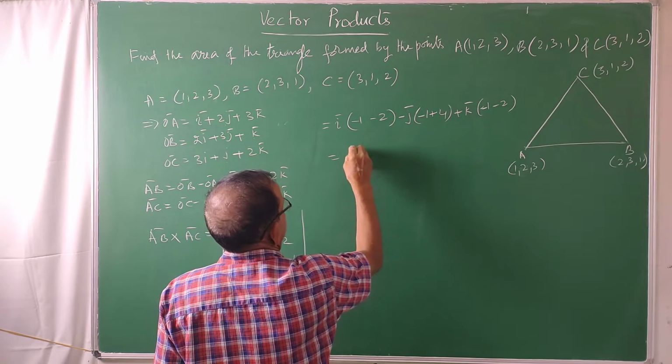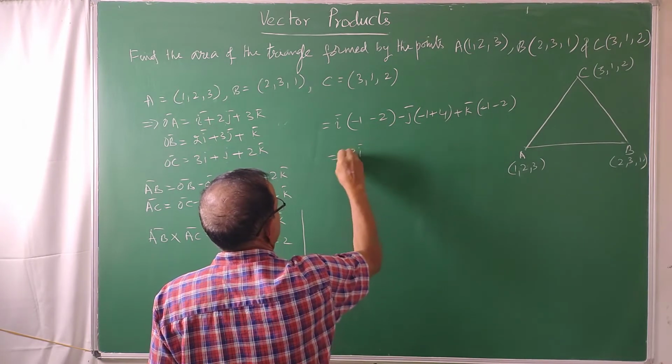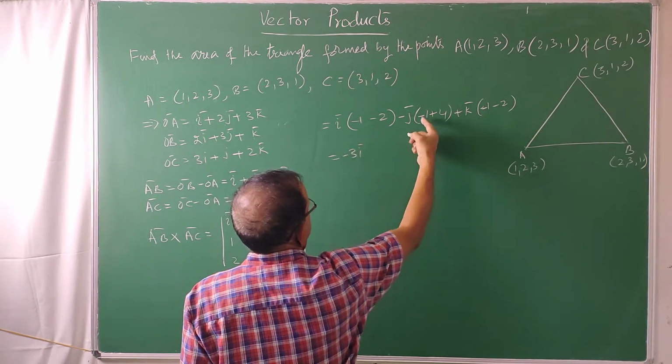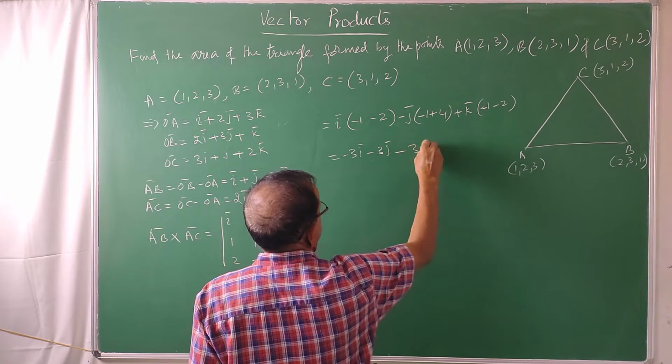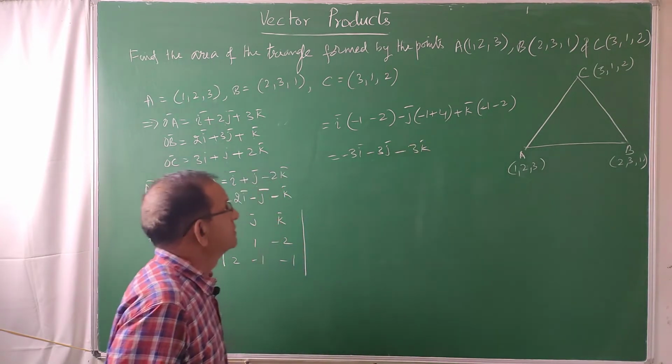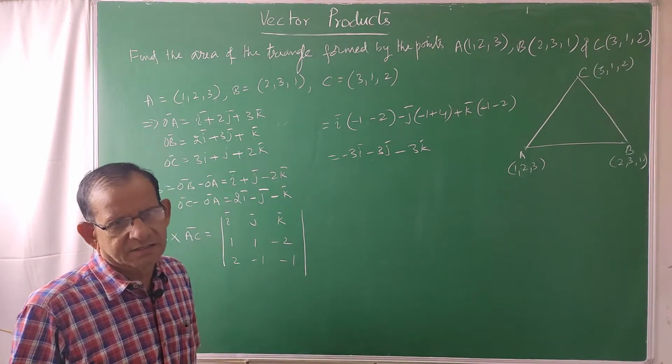So this is minus 3i bar, 4 minus 1 is 3, but it is minus 3j bar, minus 3k bar. This is AB bar cross AC bar.